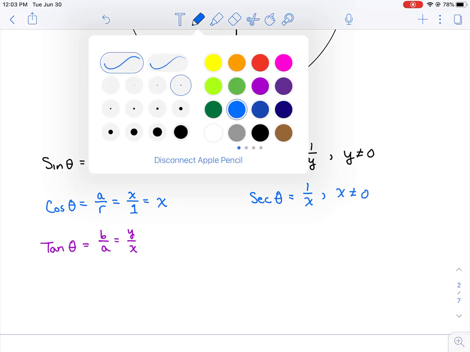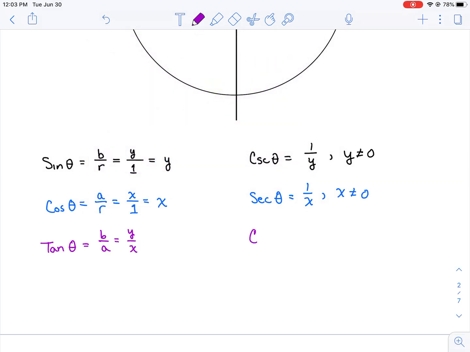And the cotangent of theta, which is the reciprocal of tangent, is going to be x divided by y, provided that y doesn't equal 0.